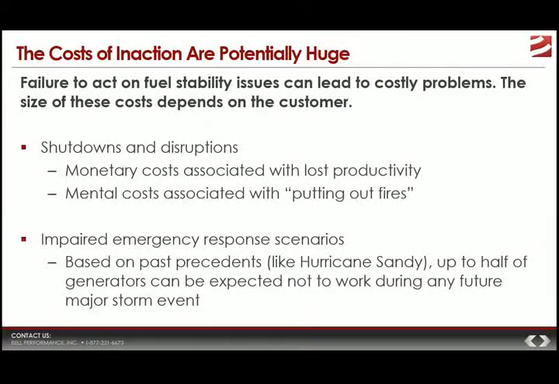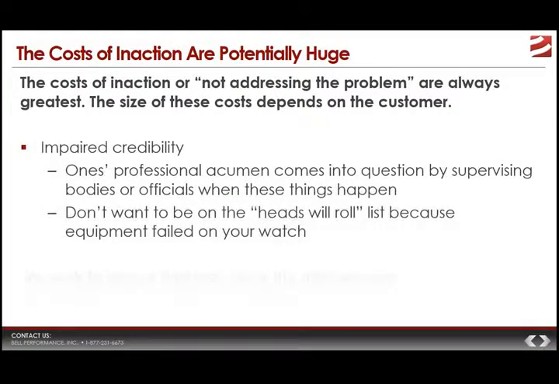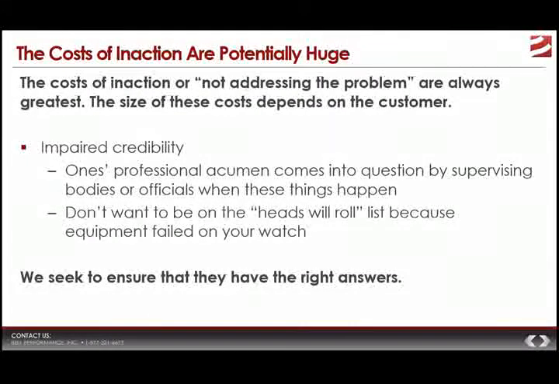In Hurricane Sandy and Hurricane Katrina a number of years ago, the generators that they were relying on to provide emergency power, a large proportion of those suddenly did not work because the fuel had gone bad. So how much of a problem was that to those groups? Among other costs of inactivity, there's also, from a professional standpoint, impaired credibility.